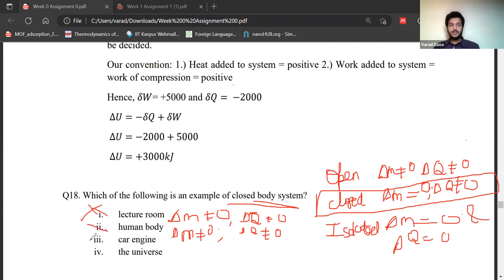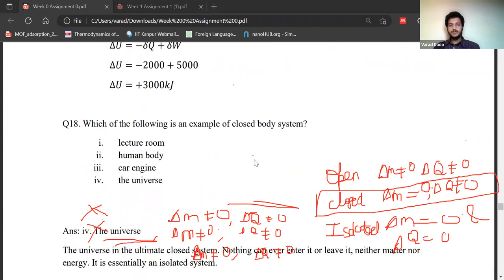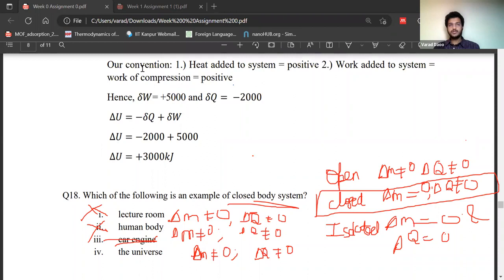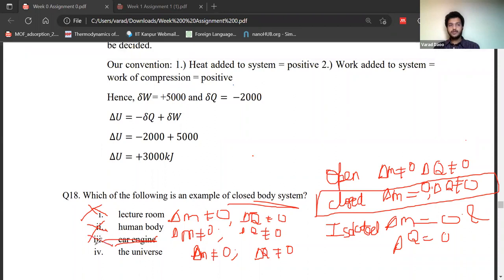This is an example of open system. So car engine, delta M can change, not equal to 0, and delta Q also not equal to 0, right? That means this is also not a closed system.